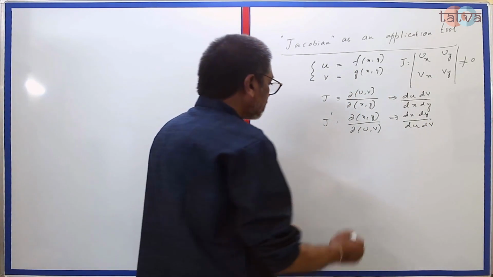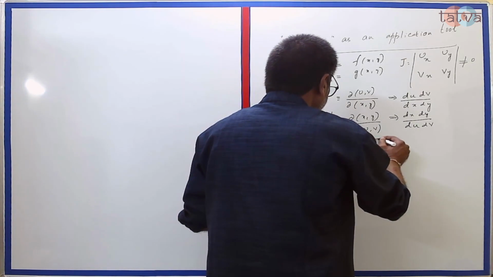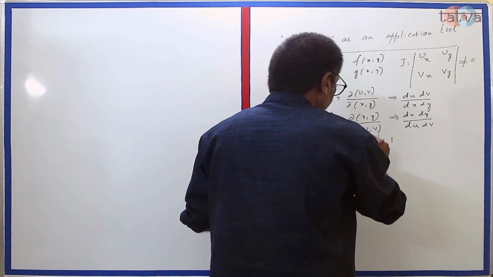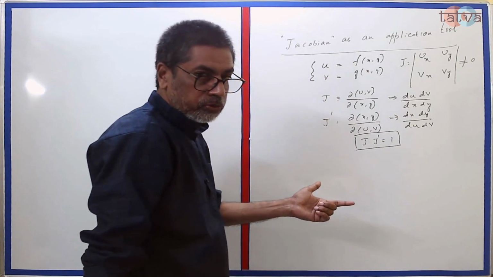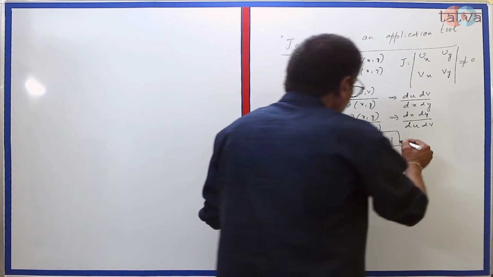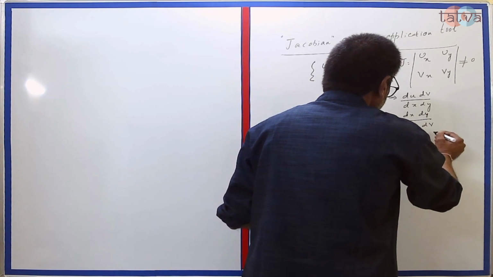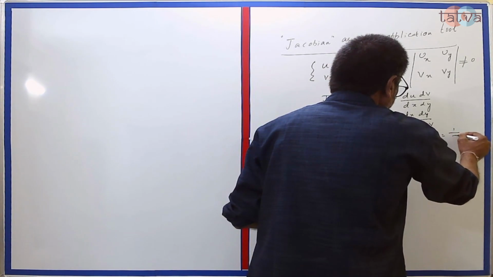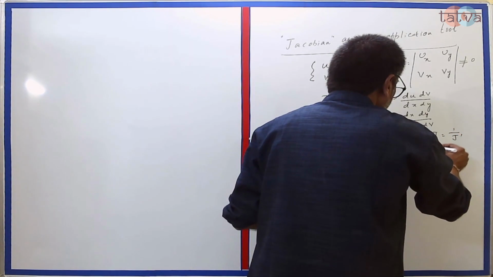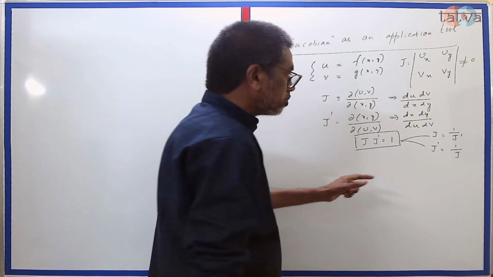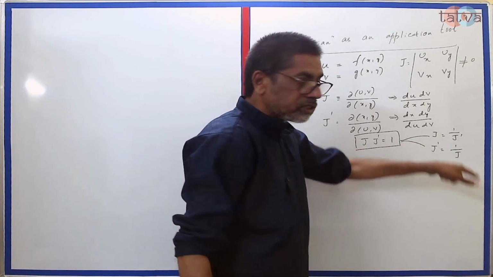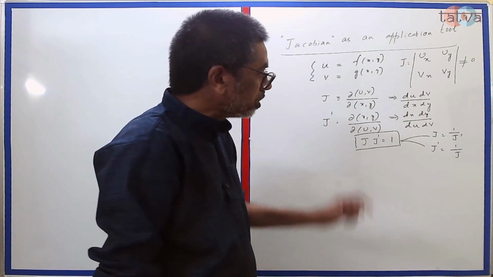Which means that J times J dash would be 1. This can be exploited because we can write J is 1 upon J dash and J dash is equal to 1 upon J. Of course, I assume that neither J nor J dash are equal to 0. Only then it's a valuable tool.